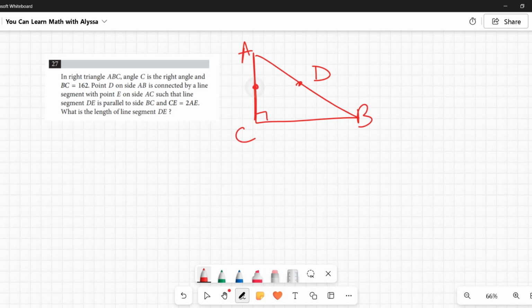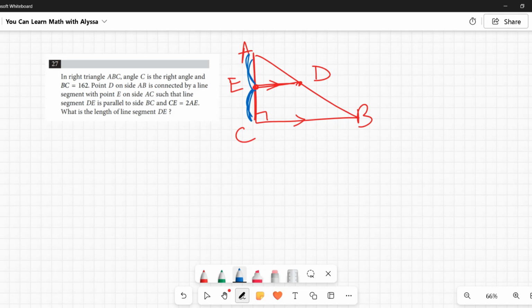Okay. And they're connected such that segment DE is parallel to side BC. Okay. I've drawn this now, and now I've drawn this correctly. And it says line CE is equal to 2 times AE.